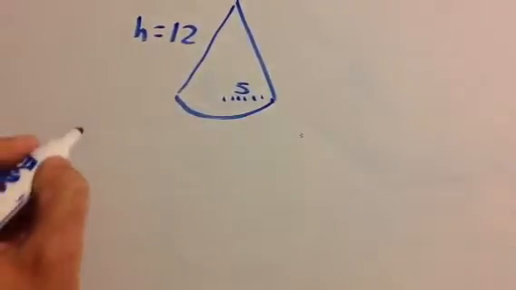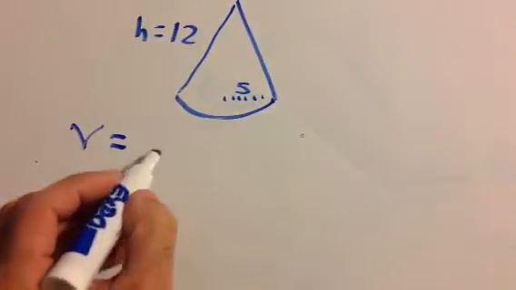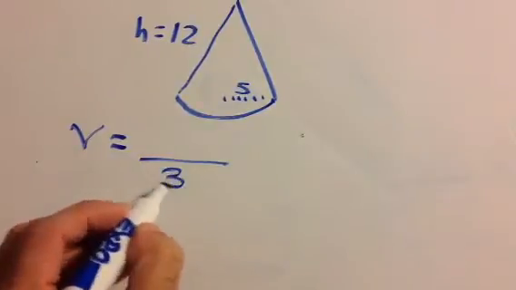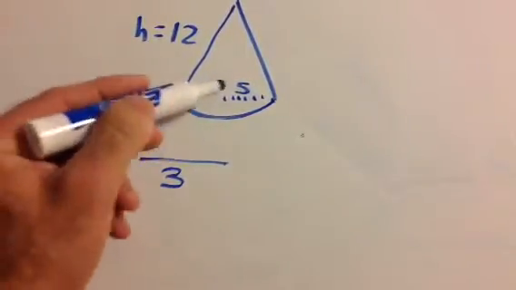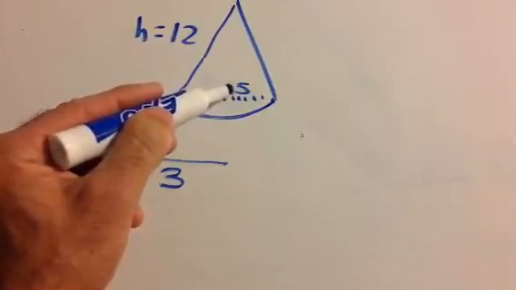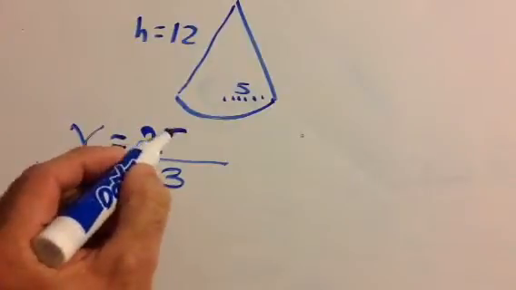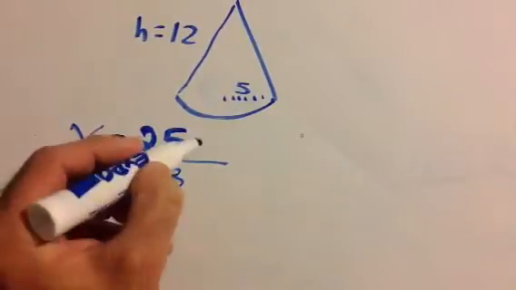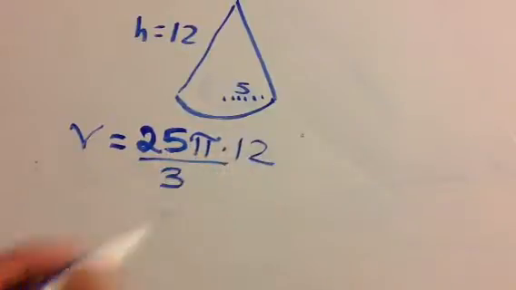So again, we're looking for the volume, and we said it's 1/3 pi r squared h. So we can put this all over 3, and we have pi, and the radius, which is 5. So we can say 5 squared is 25. So there's our 25. We'll leave our pi in here for a minute. And the height is 12.